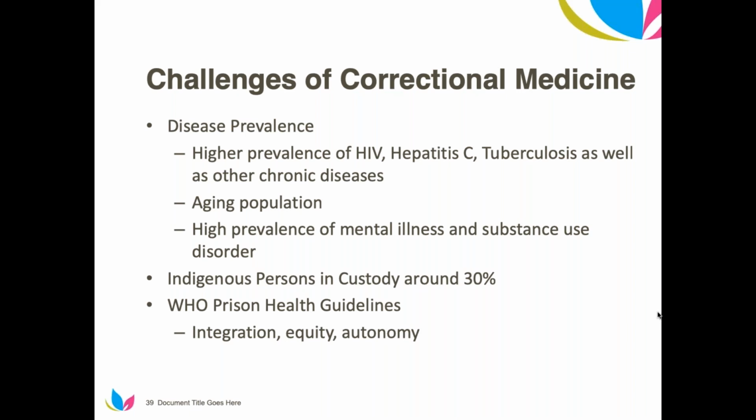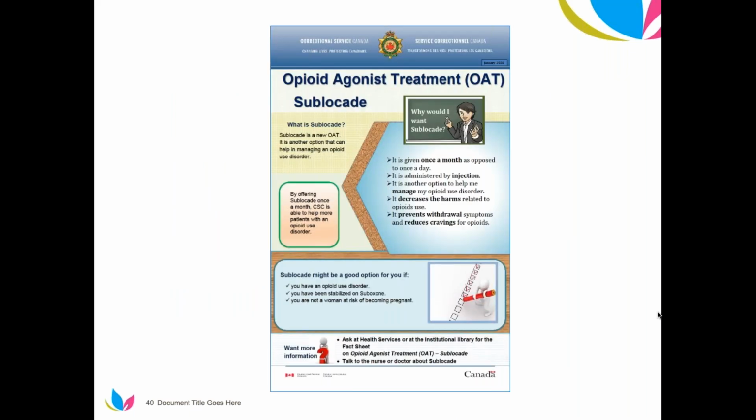Equity, somebody within prison should have a healthcare system that's equitable to what somebody in the community would have, and autonomy, that healthcare is provided without pressures from the correctional or prison operation side.